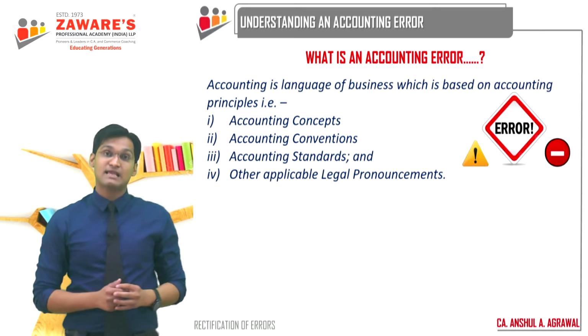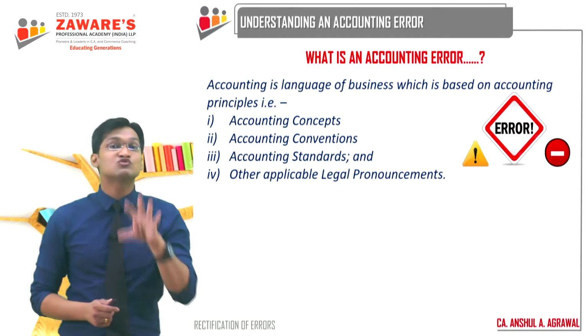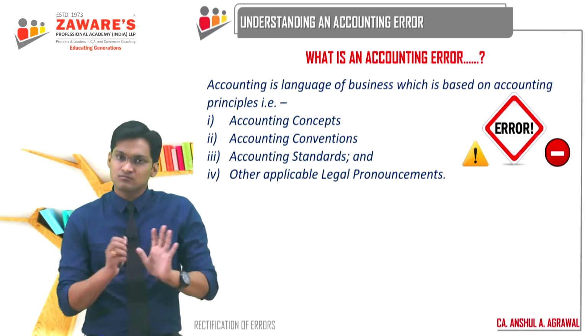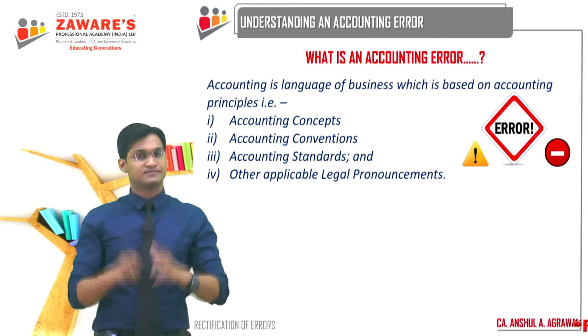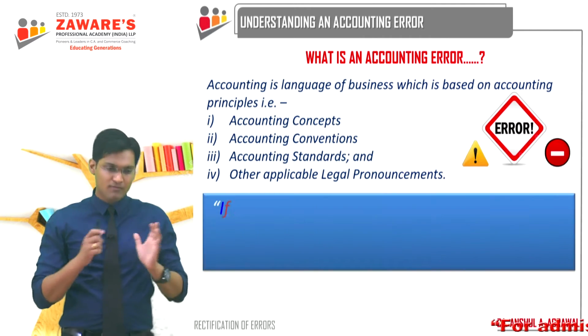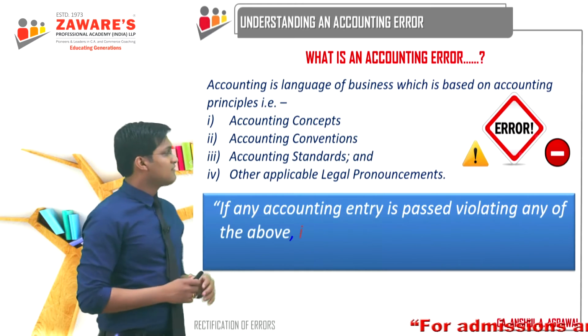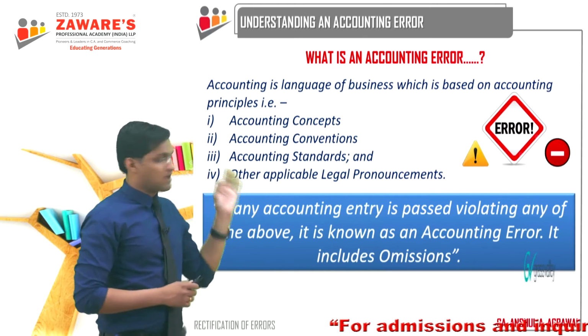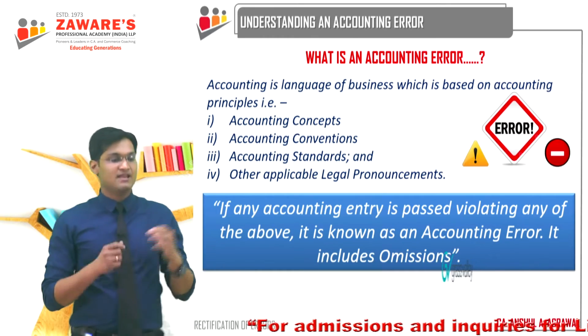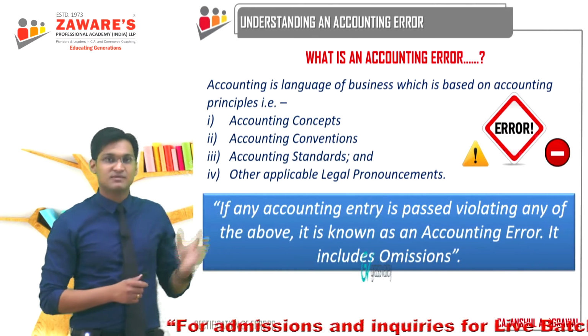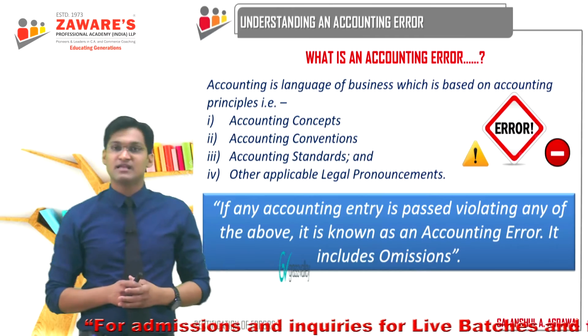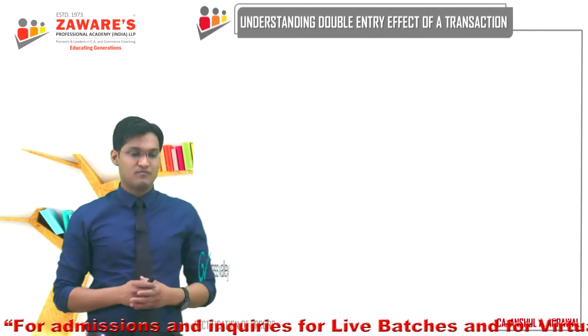And this accounting error also includes omission. Omission means chhoot jana, to omit, correct? Now my dear friends, as we discussed, if an accounting entry is passed violating any of the accounting principles, it is known as an accounting error. It includes omission.